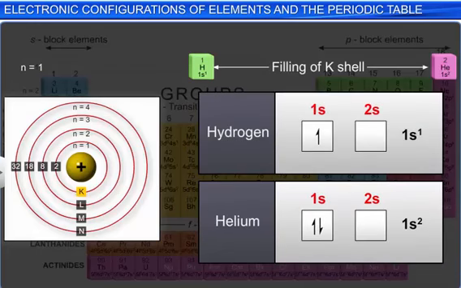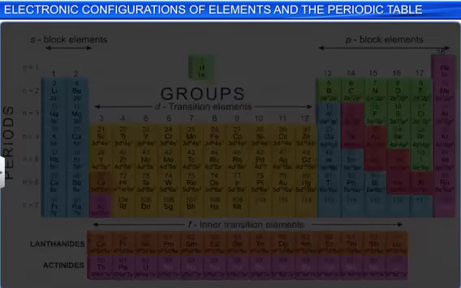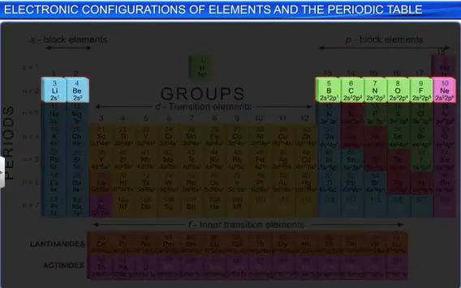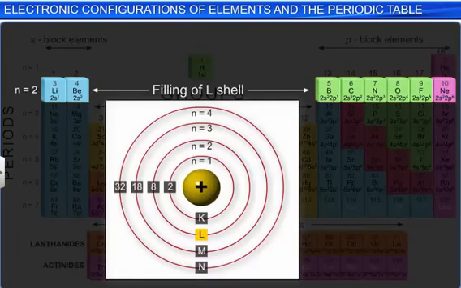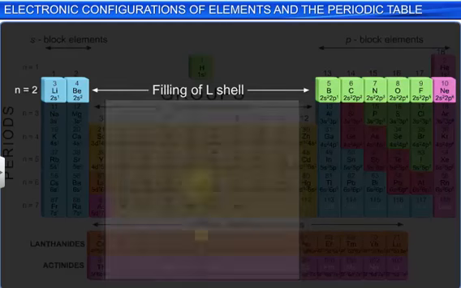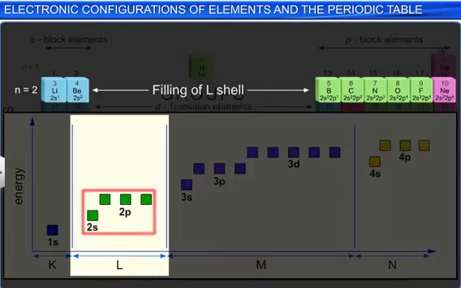The second period corresponds to the filling of electrons in the second energy or L shell, where n equals 2. It has a total of 4 orbitals, 1 2s and 3 2p, that can collectively accommodate 8 electrons.